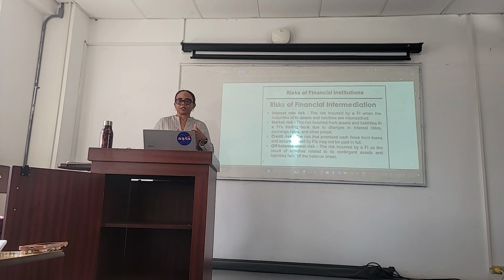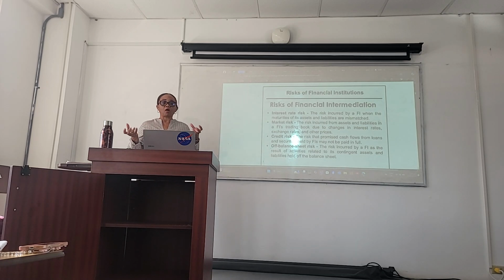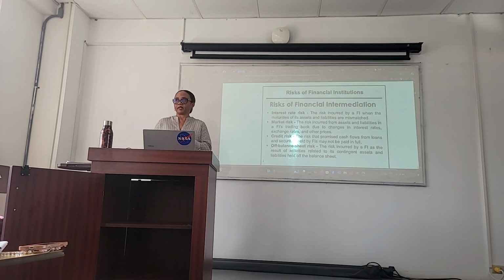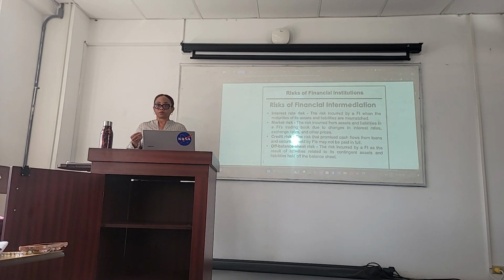All right? Then there's market risk, and basically market risk comes from the other risks in the market. Okay, so you invest in securities, you trade currencies, so you hold currencies, all right? You trade in bonds, so there's price and interest rate, which is going to affect the price of bonds.